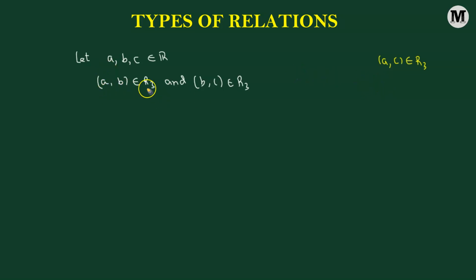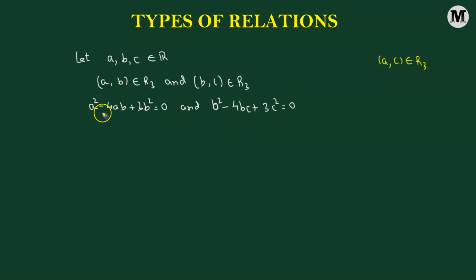Let's try to understand this. The ordered pair (a, b) belonging to R3 simply means that a squared minus 4ab plus 3b squared equals 0. And if the ordered pair (b, c) belongs to R3, that means b squared minus 4bc plus 3c squared must equal 0.